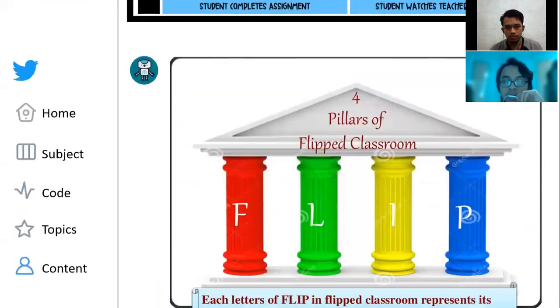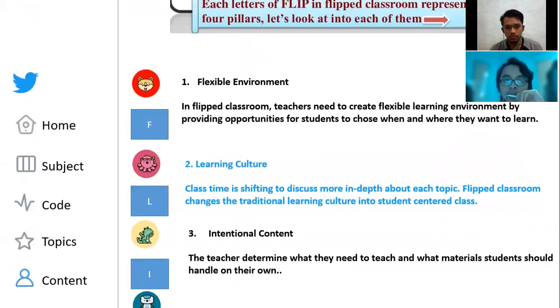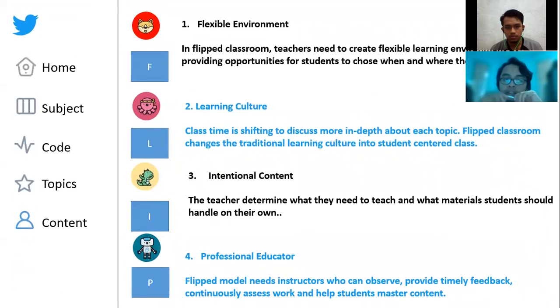There are four pillars of the flipped classroom. First, the flexible environment. Second, the learning culture. Third, the intentional content. And fourth, the professional educator. I think you can read by your own for the elaboration.